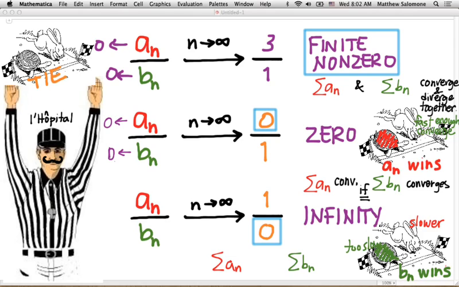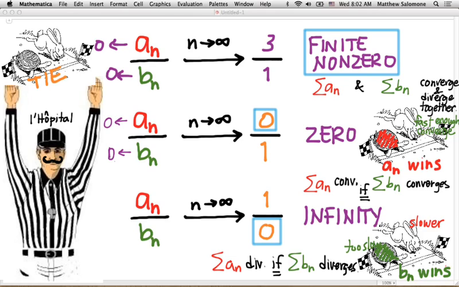So the series of an's diverge if the summation of the bn's diverge. So both of these cases, where the limit of the quotient is 0 and where the limit of the quotient is infinity, are tricky because they only work in one direction. When the limit is 0, that only tells us that the an's converge if the bn's converge. When the limit of the quotient is infinity, it only tells us that the an's diverge if the bn's diverge.